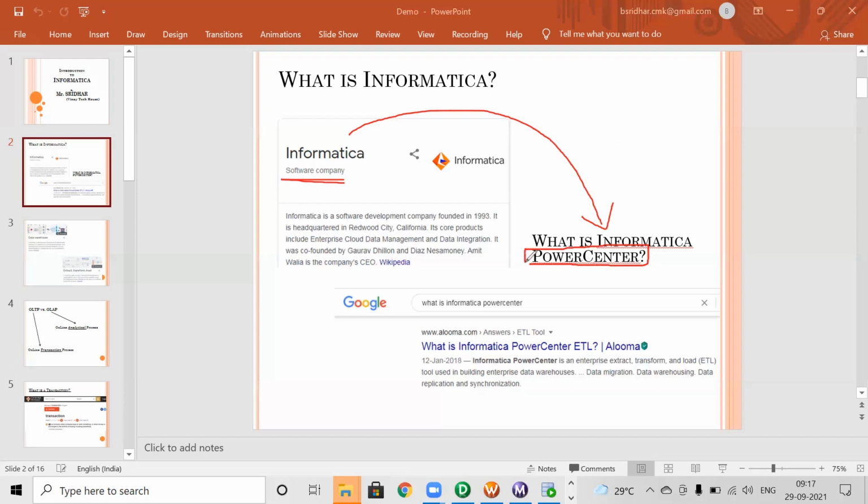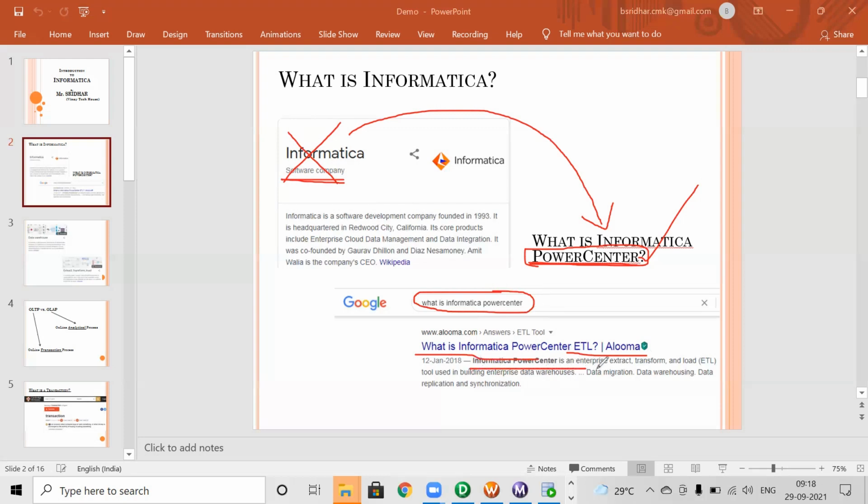So now our focus is on what PowerCenter is, not on Informatica. Informatica is just a company. We don't do anything with the company. So the tool which we are going to learn is PowerCenter. Now, if you try to understand what PowerCenter is, Google will give you this answer.